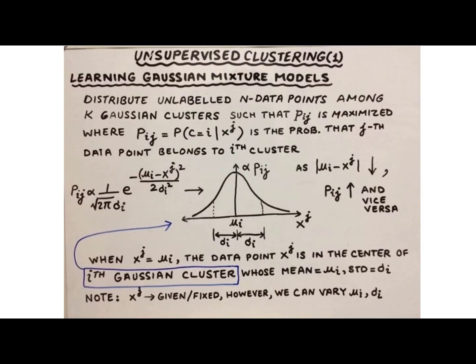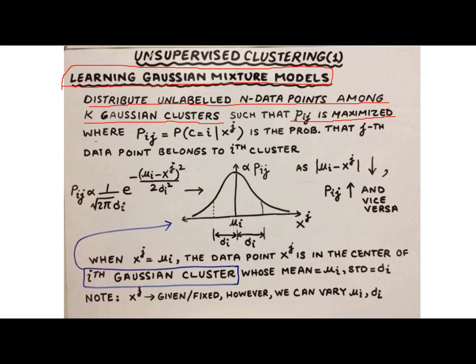Finally, we are going to conclude our discussion with the description of another famous form of unsupervised learning, that is learning Gaussian mixture models. In this problem, we wish to distribute unlabeled n data points among k Gaussian clusters such that probability Pij is maximized.